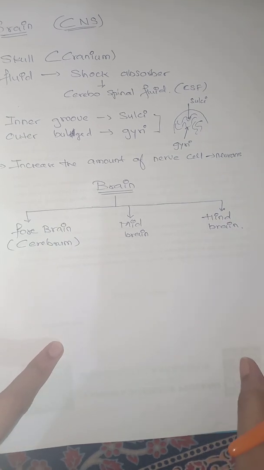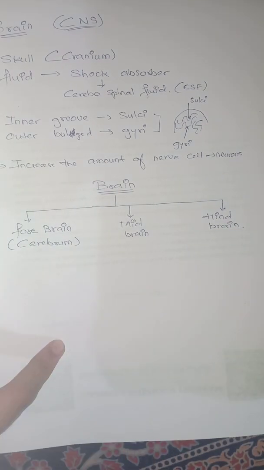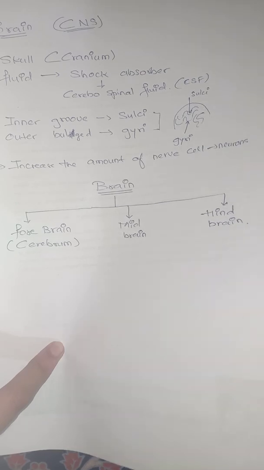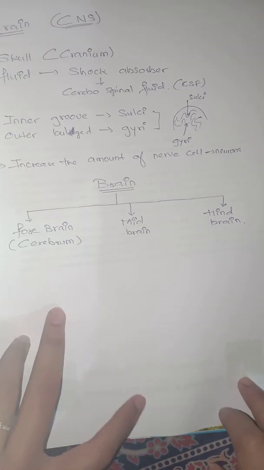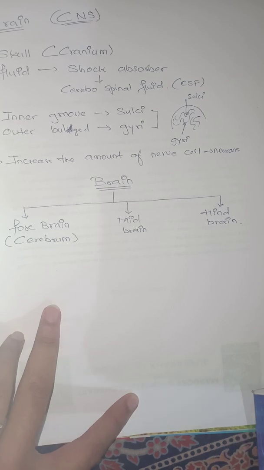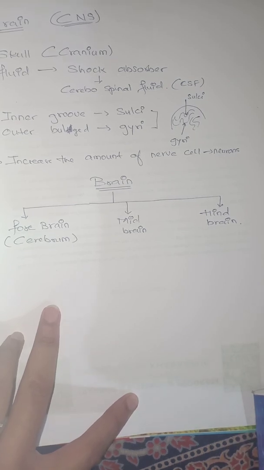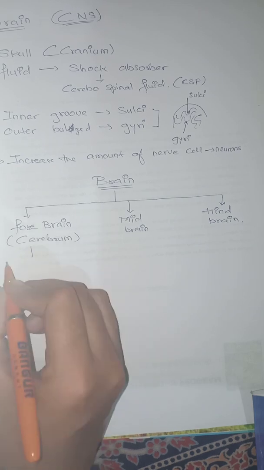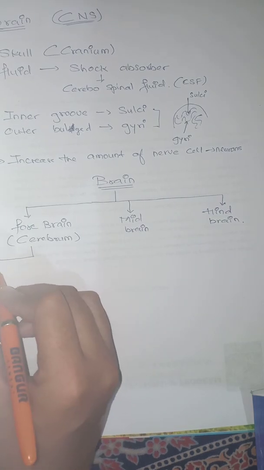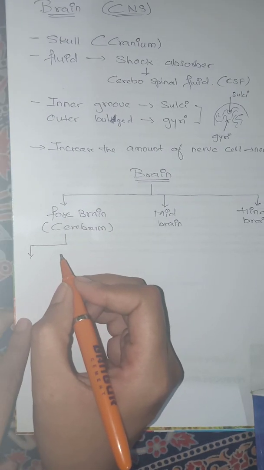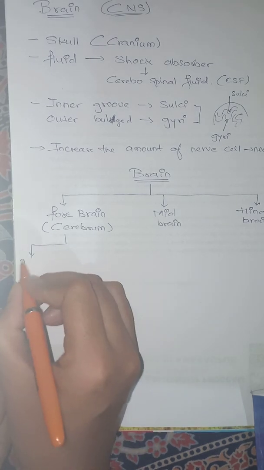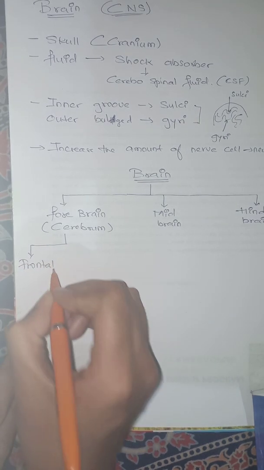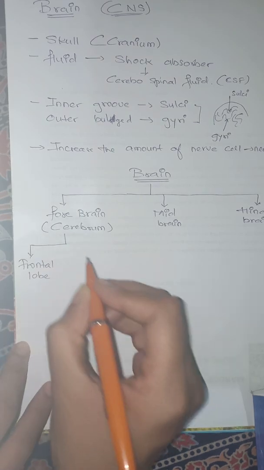Here, the forebrain can be further divided into many other lobes. For example, the first lobe is the frontal lobe.